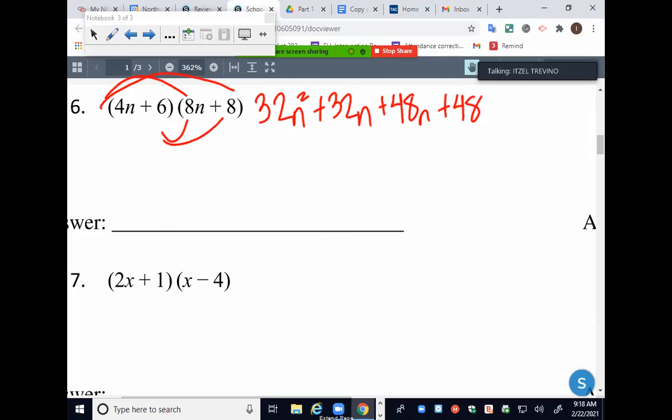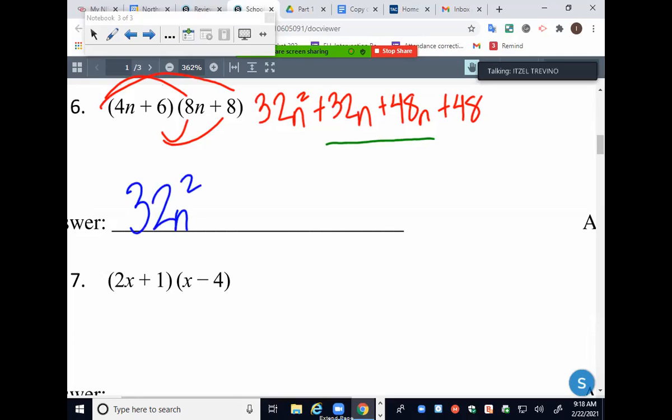Please remember to combine your like terms. Some of us left it like this. I don't remember if it was in this class. I think it was third period. But just so everybody remembers, combine our like terms together. So I only have one squared. I have 32n squared.